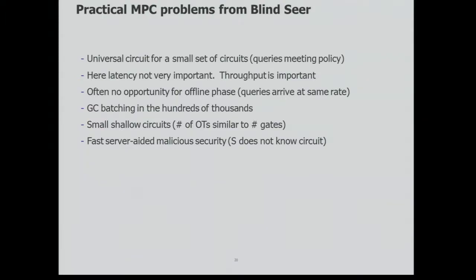This is exactly the problem of running a universal circuit for a small set of circuits, so you can implement any of the 3 circuits with that universal circuit. People have solved the universal circuit problem in generality, but here I'm saying it is a very useful problem for small, specific types of functions.